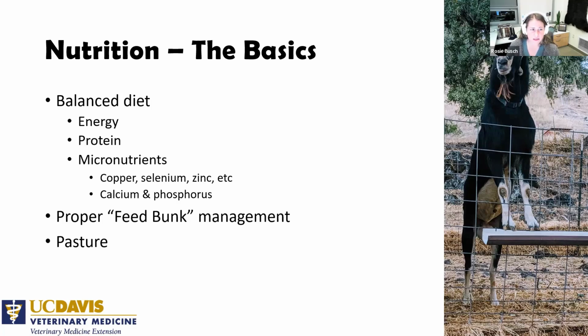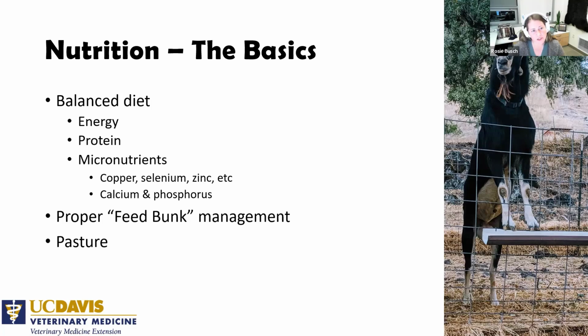The ones that we tend to focus on are copper, selenium, and zinc. Iron is in there. And then calcium and phosphorus, making sure that they're in the correct ratio is really important, especially for male animals that we're feeding and maybe pushing to a higher nutritional plane, because we want to try to prevent urinary stones.